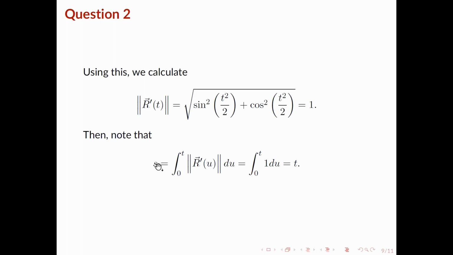To do this, we say that s is equal to the integral from 0 to t of the magnitude of r prime. We take the integral and get that s is equal to t. And this is what we wanted. It tells us that the arc length parameter is equal to the original parameter. So in the first place, r of t was already parameterized by arc length.